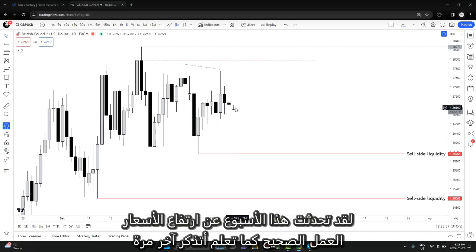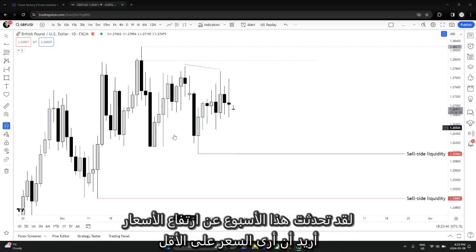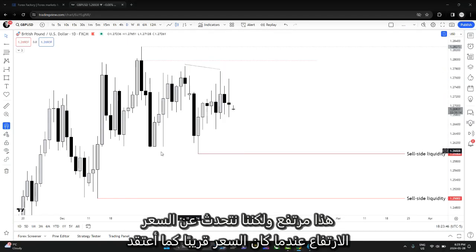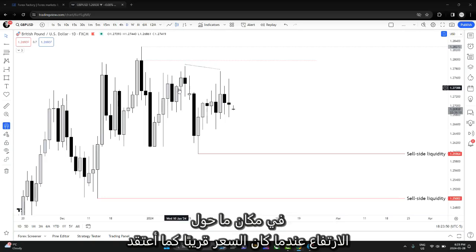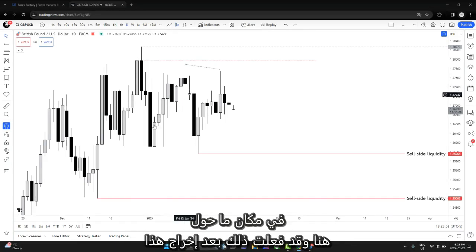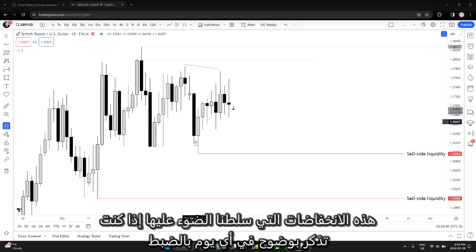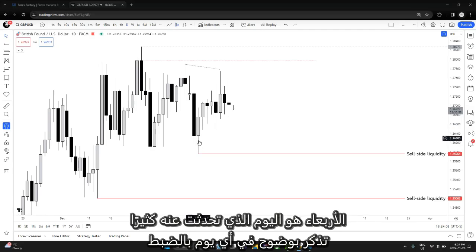I remember last week I talked about price rallying. I wanted to see price at least take out this high, but we talked about price rallying when price was around, I believe, somewhere around here. And it did so after taking out these lows, which we highlighted, if you remember clearly, right? On which day? On Wednesday, the day that I talked about.